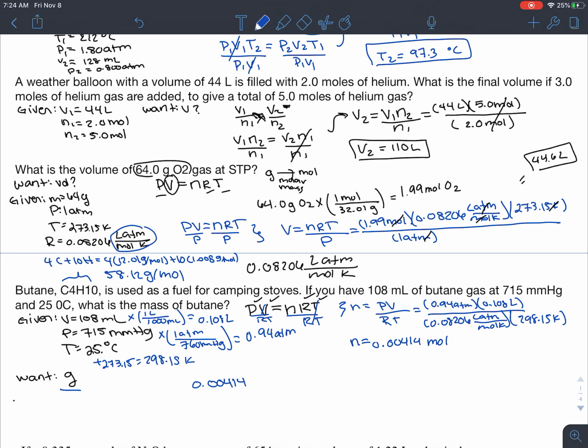Now I use that to convert to grams. So I have 0.00414 moles and multiply that by the molar mass. And that is equal to 0.24 grams. I want two sig figs, so 0.24 grams is the answer for C4H10.